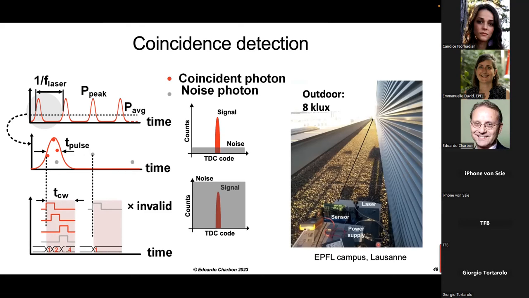So you will need the best possible timing resolution and at the same time the largest number of photons possible. And if this means cutting down on the background illumination, there are techniques. I mentioned one, but there are many more based on gating, for example, sliding gating or progressive gating, etc.